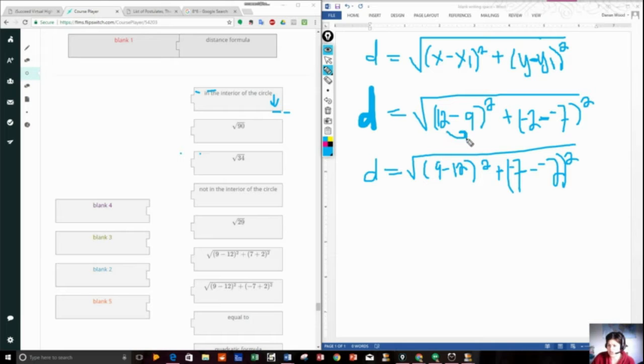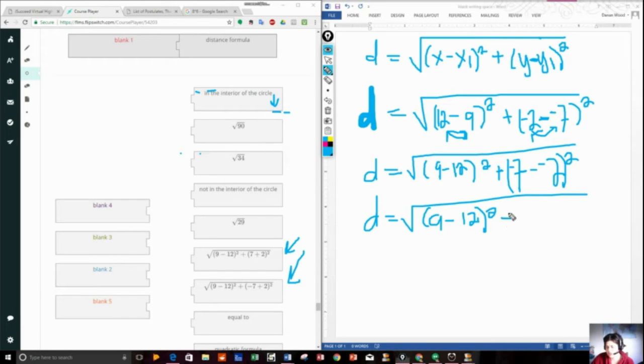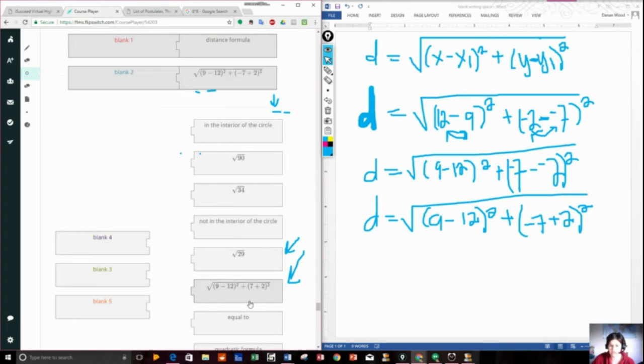If we switched those, just basing off of what they did here and here, which is completely legal as long as you switch both the x and the y values. So then we would have the distance is equal to the square root of 9 minus 12 squared plus negative 7 plus 2 squared. I'm looking, and that one is what matches, so blank 2 is going to be that.